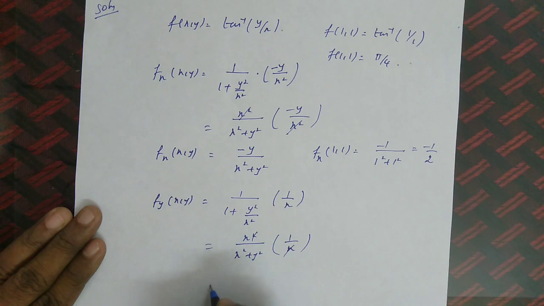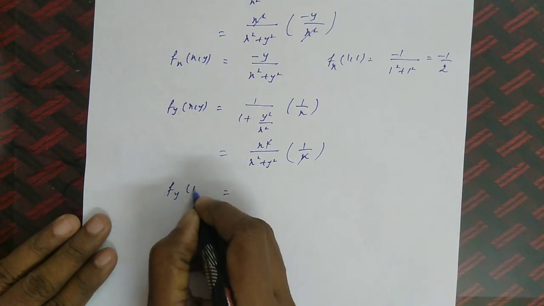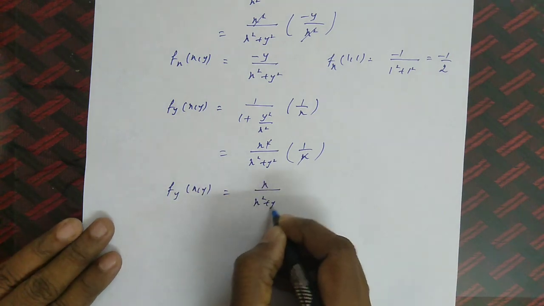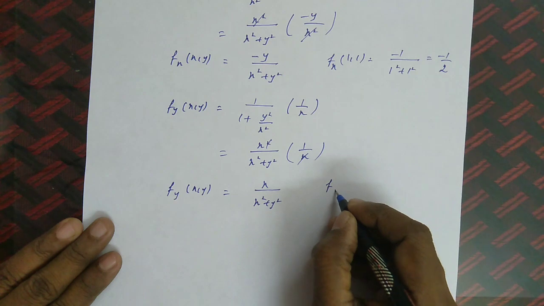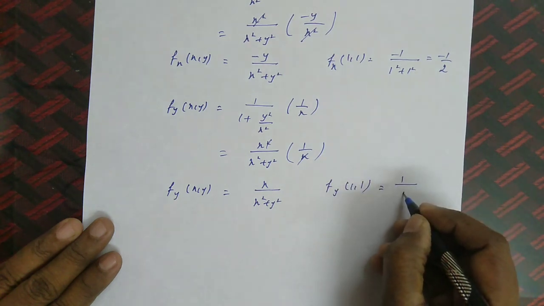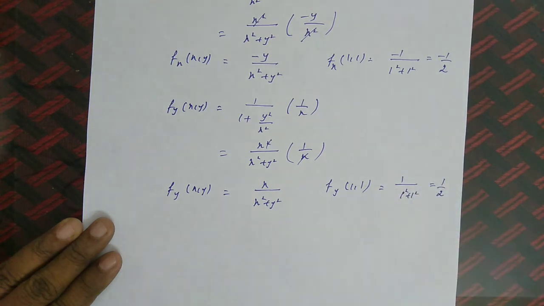Cancelling the power, fy of x comma y is nothing but x by x square plus y square. We substitute the point 1 comma 1: 1 by 1 square plus 1 square, that is plus 1 by 2. This is our fy.